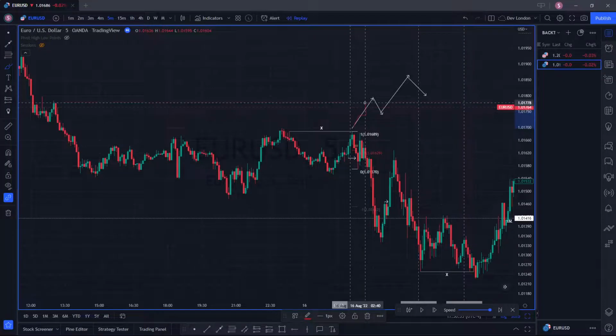So your market is going up, then the market goes down, and you'd have breaks in market structure going down. So you may end up taking a sell that gets stopped out where you lose, or you get stopped out at break even. Then you go up again, and then you have some more breaking market structures. You're trying to sell, and you lose again.